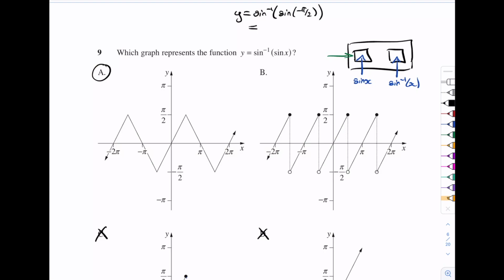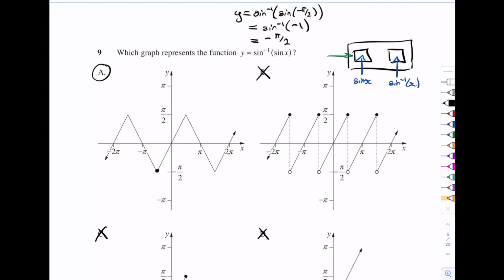Sine is an odd function, so this gives me minus sine of pi on 2, but you don't even need to use the odd function actually. Sine of minus pi on 2 is -1, and inverse sine of -1 is minus pi on 2. So this option would have to be incorrect. The only one that works is that point there, so option A is correct.